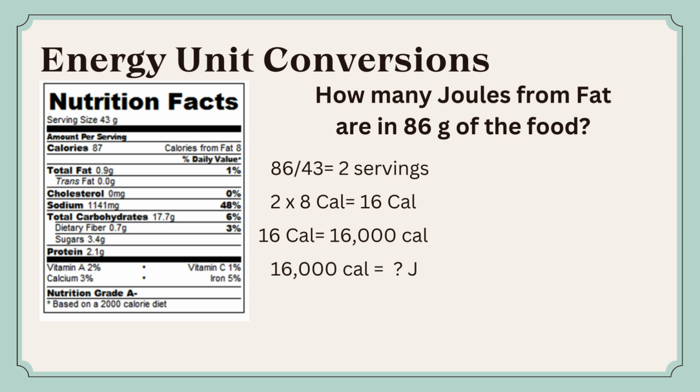So lastly, you will want to convert 16,000 calories to joules by using the relation that 1 basic calorie equals 4.184 joules. So hopefully you figured that out. And you did 16,000 times 4.184 joules to find that there are 67,000 joules in 86 grams of the serving from fat.